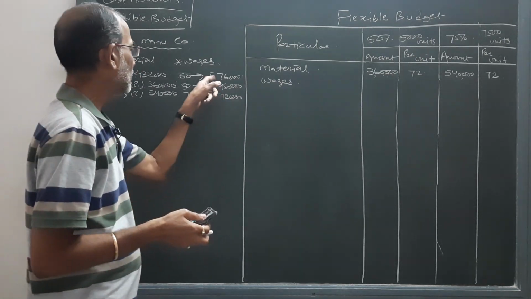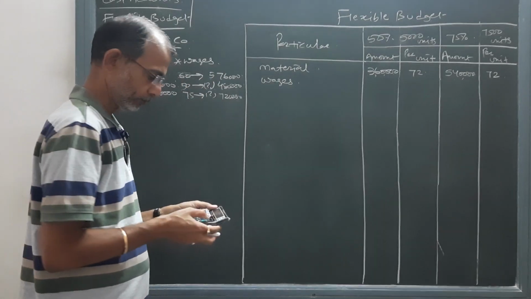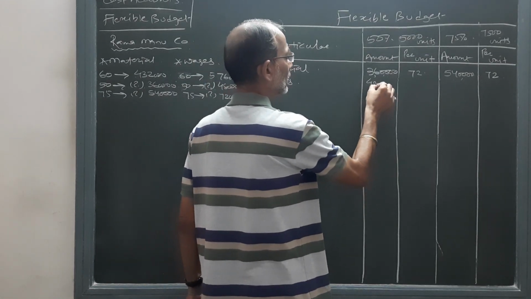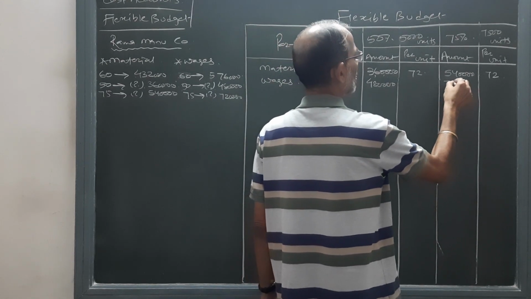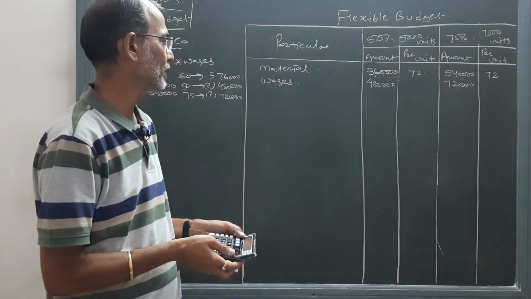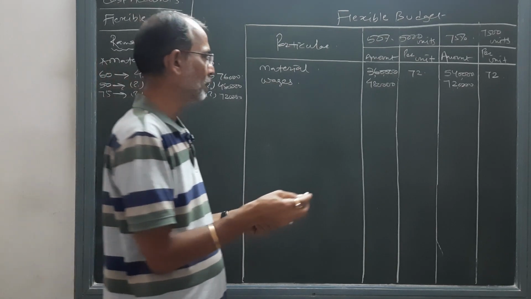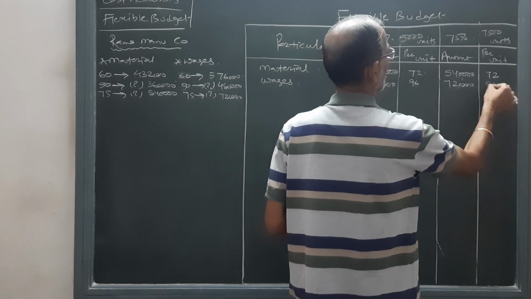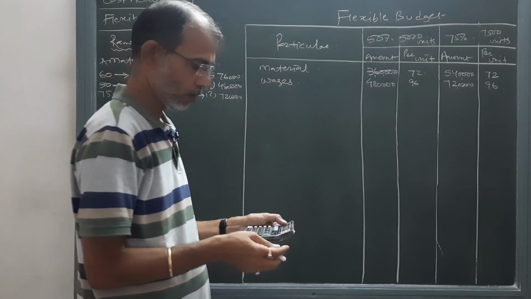You can do that as 576 divided by 6 into 7.5. So at 50% capacity, wages are 4 lakh 80,000 and 7 lakh 20,000 at 75% capacity. Now to find per unit, 480 is to be divided by 5,000 and 720, that will also give the same amount.